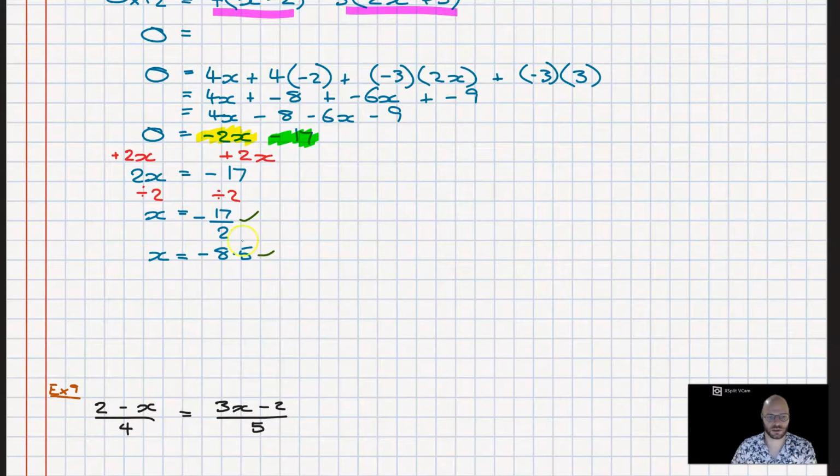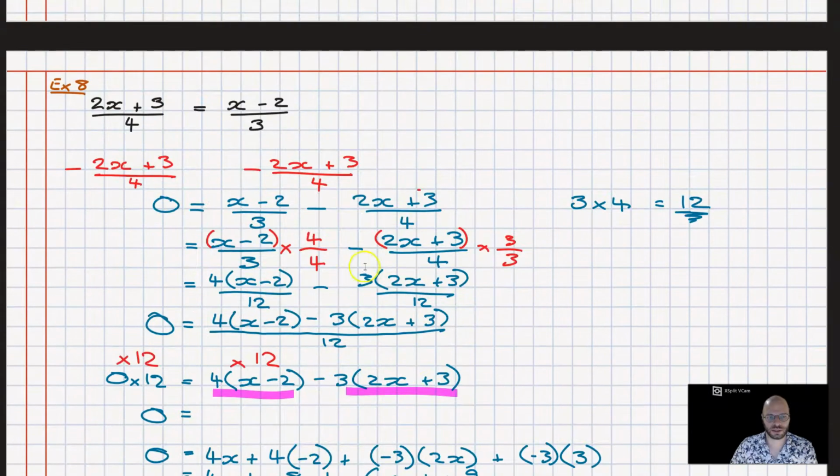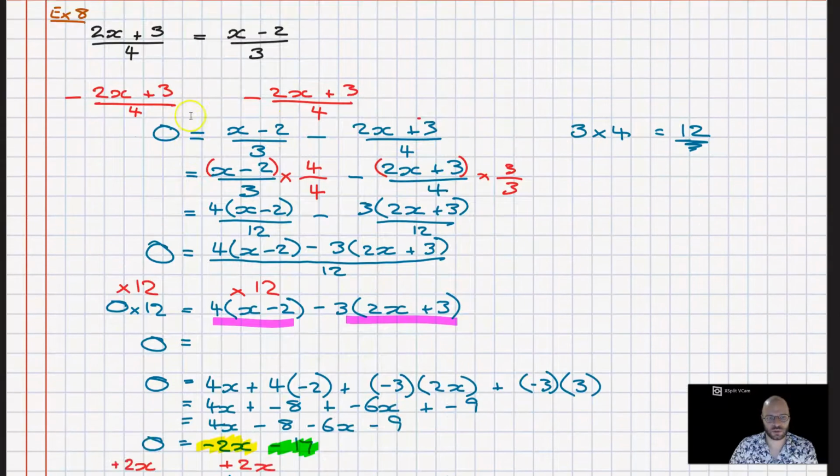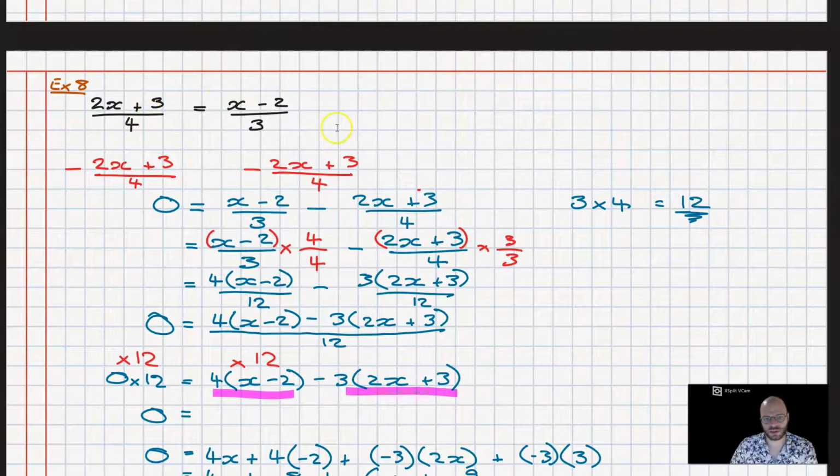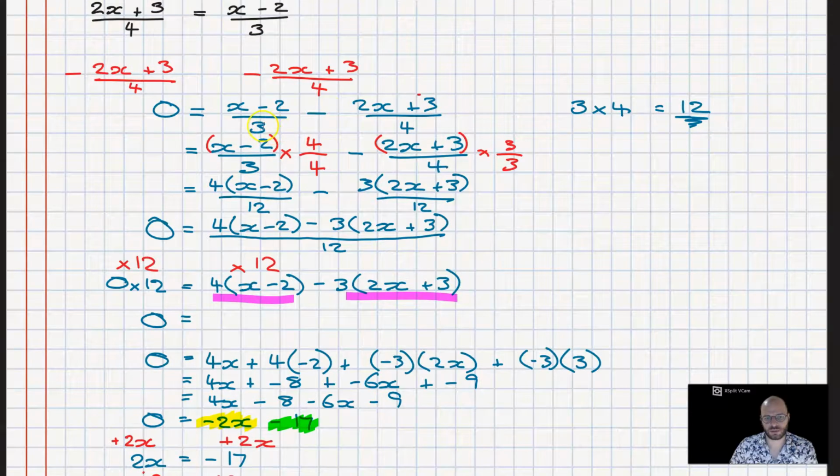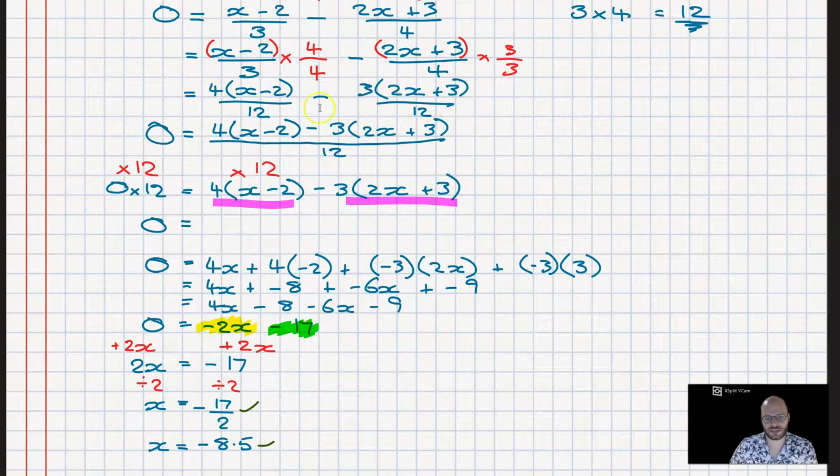So in hindsight, what we did was, firstly, we moved everything to one side of the equation. Then we went for a common denominator using our simplification rules that we learned in the last topic. After that, we had a singular fraction. We multiply both the left-hand side and the right-hand side of the equation by the common denominator, which was 12.